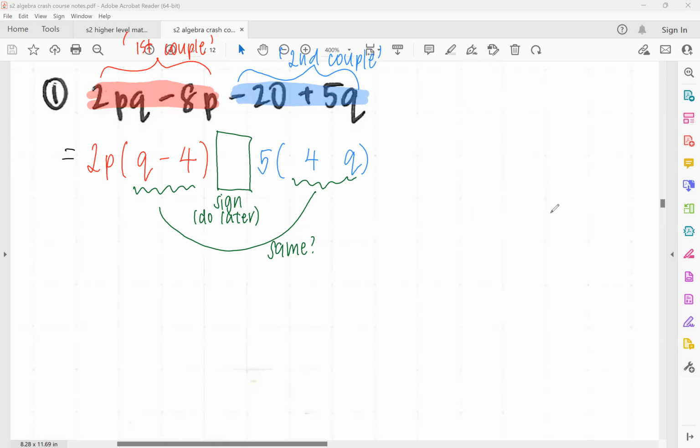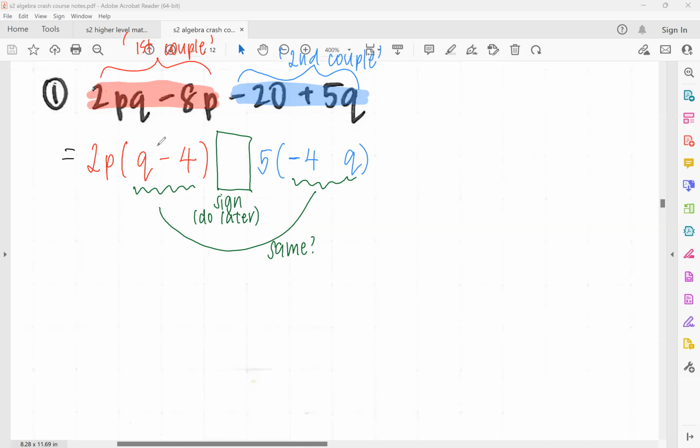Because when I do the sign later, I can adjust accordingly to match the one in blue. Clear so far? So right now, I know that they must be the same, right? If it's the same, that means that this 4 needs to be negative. Correct? Because here is -4. So here must be negative.